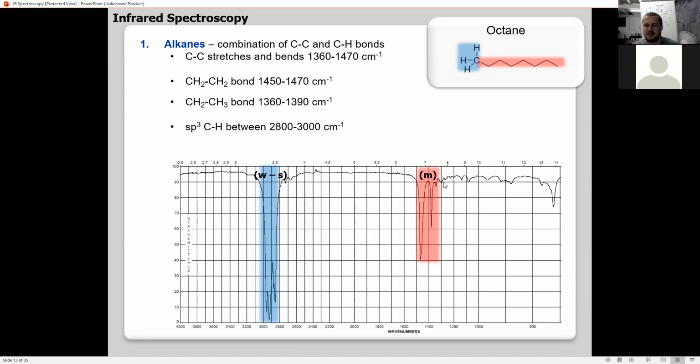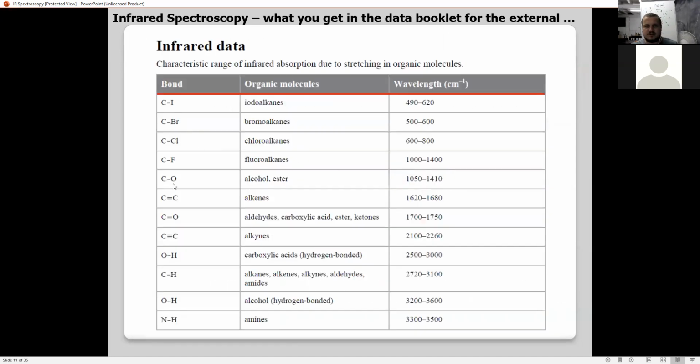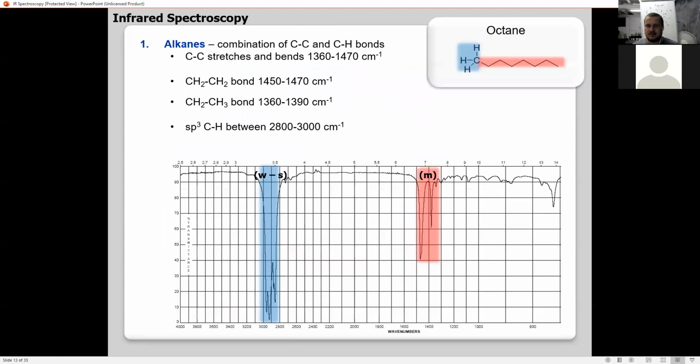For carbon to hydrogen, you should see a peak at 2,720 and 3,100. Look at that, we have a peak there. But we don't really have a peak anywhere else aside from that CH2 to CH2 bond on the right side.